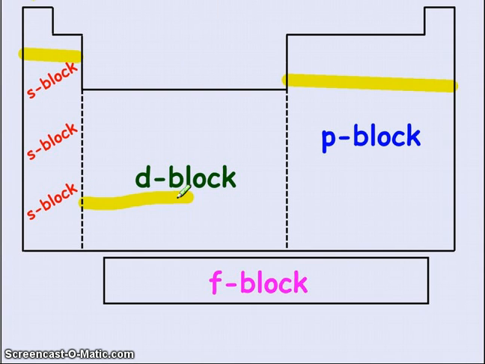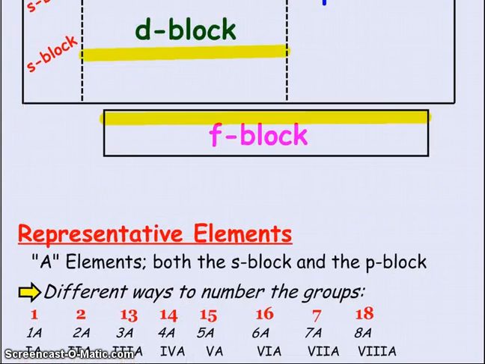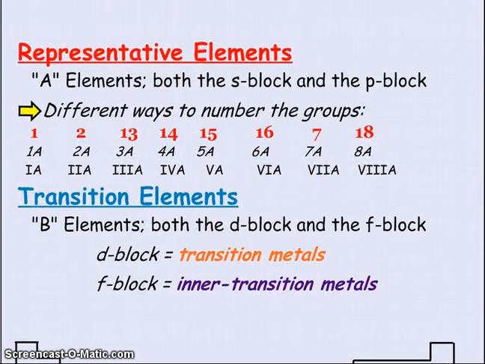D block is the 10 groups in between those two, 10 on a D sublevel. And then the F block are the 14 elements across at the bottom, 14 in an F sublevel, 14 electrons maximum. And so we end up having these two main types of elements, representative and transition.